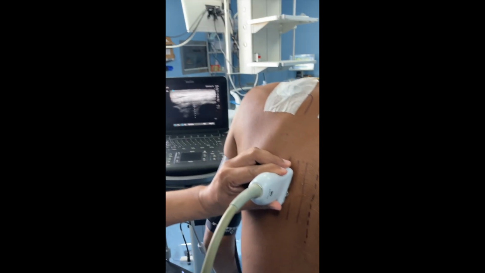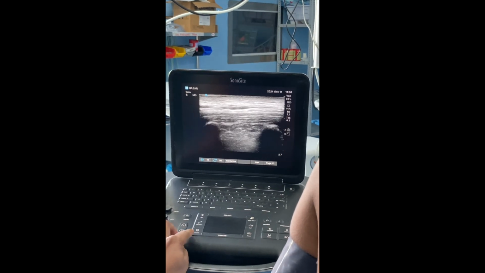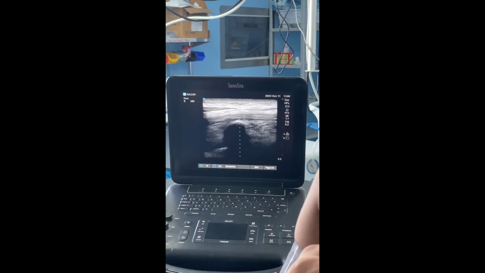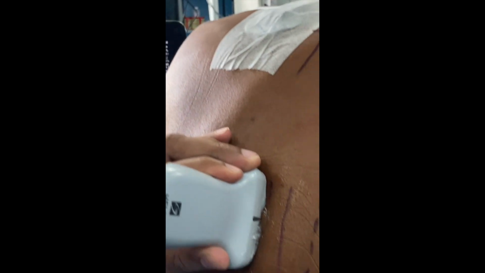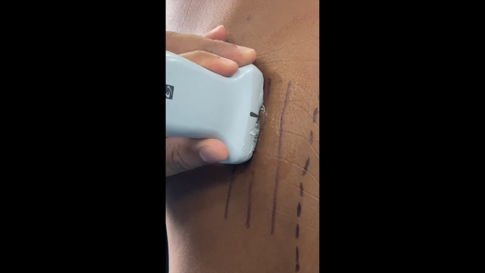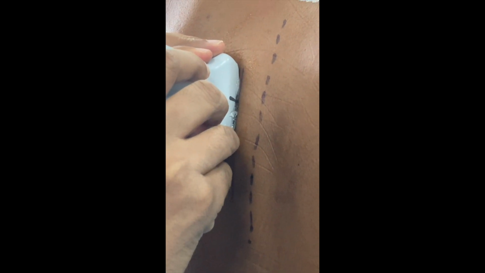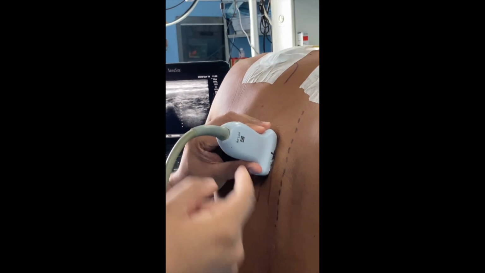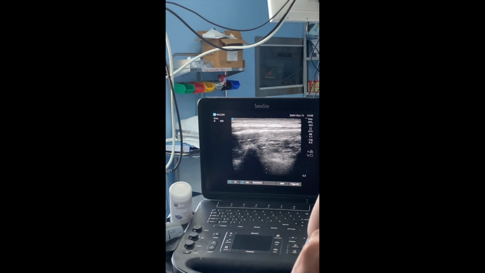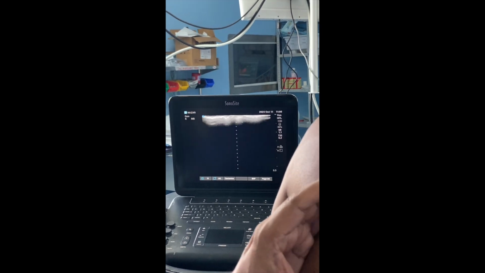When you place the probe at the level of the ribs, you will get a costal view. Here you can see ribs as a round structure with an acoustic shadow, and in between you can see the pleura. The next step is to move your probe to the medial side, and you will see a step-like sonoanatomy at the level of the costotransverse joint.